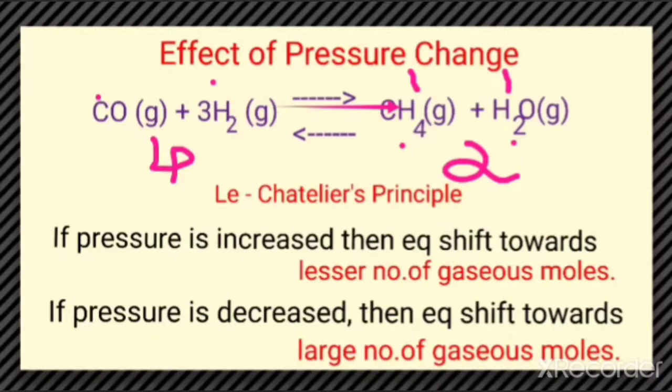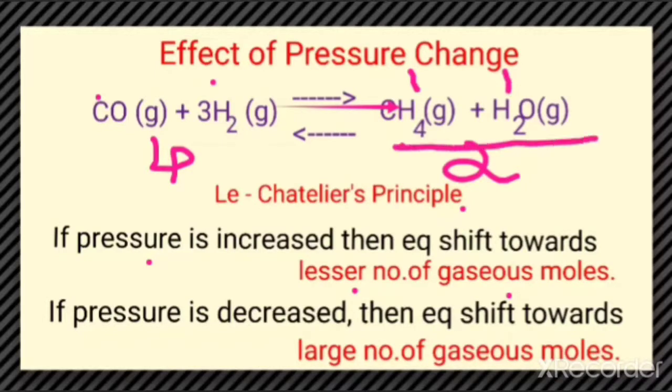So according to the Le Chatelier principle, when the pressure is increased at the equilibrium stage, the equilibrium gets disturbed and the reaction moves in a particular direction. If the pressure is increased, the equilibrium shifts towards the lesser number of gaseous moles. Where are fewer moles of gas in this equation?